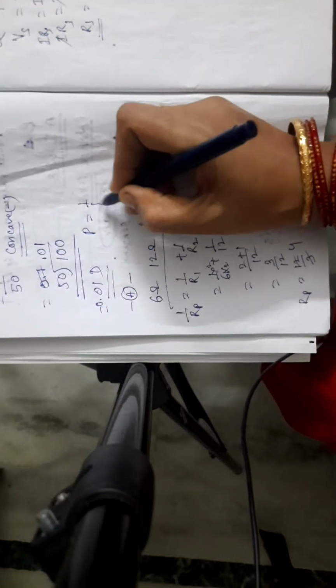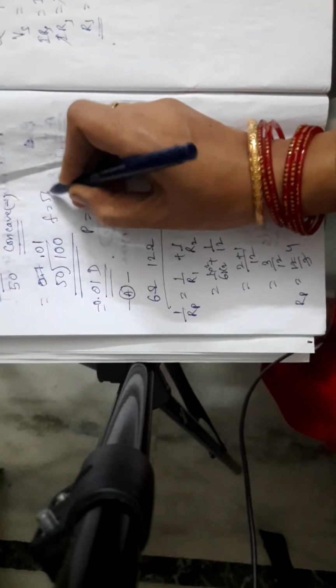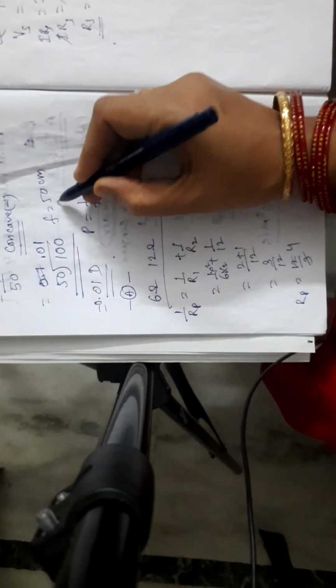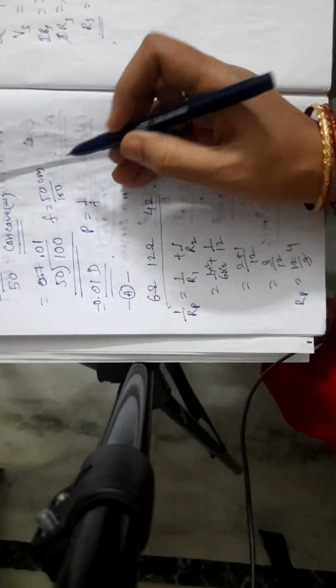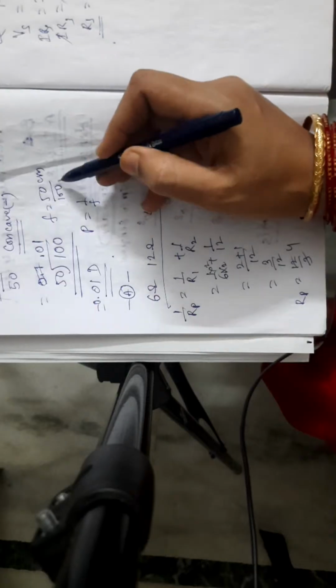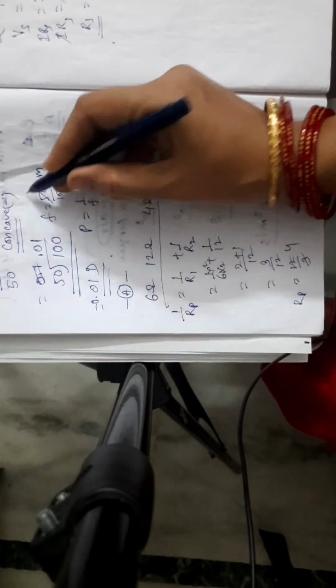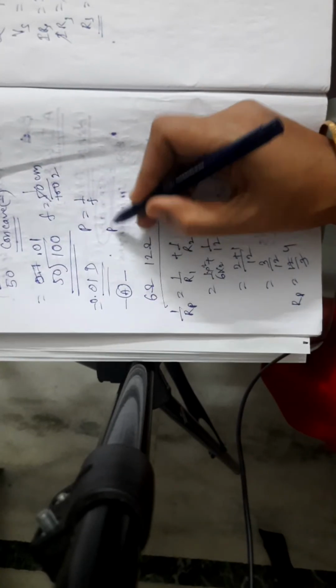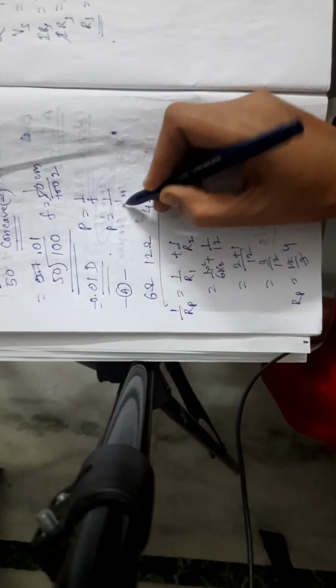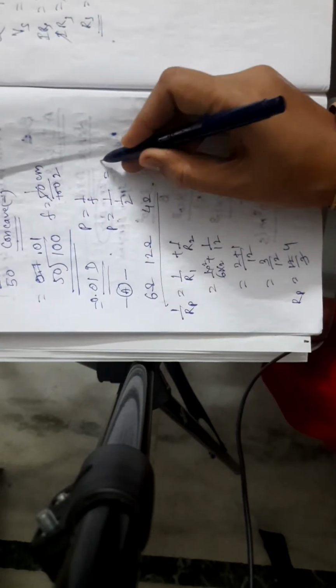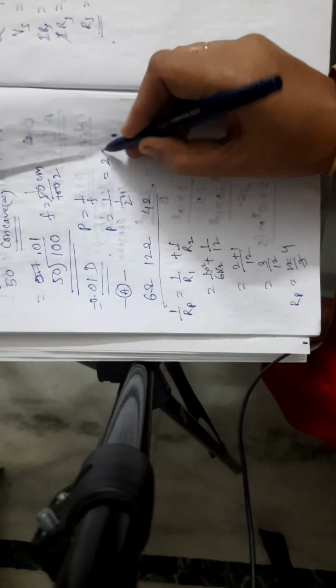P is equal to 1 by F. F was given as 50 centimeters. While finding power, the focal length must be in meters, so we'll divide by 100. So it will be 50 by 100, that is 1 by 2. P is equal to 1 divided by 1 by 2, so we take the reciprocal. Finally, it will be 2 diopter.